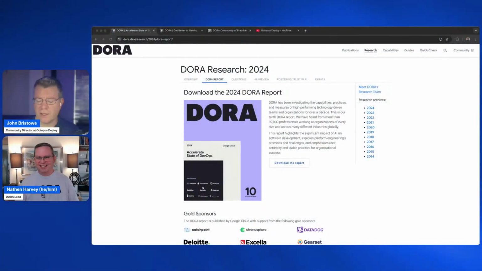Awesome stuff. You can download the report today at dora.dev. AI is definitely something that I've paid a lot of attention to, and I know a lot of other developers have. We know that its adoption is skyrocketing, and I think I saw a statistic that 81% of organizations are prioritizing it. That's a lot.